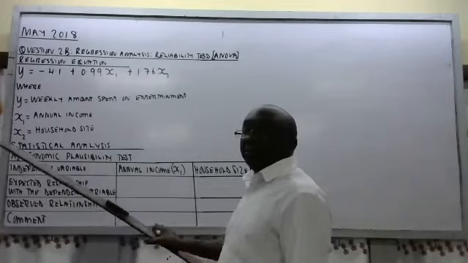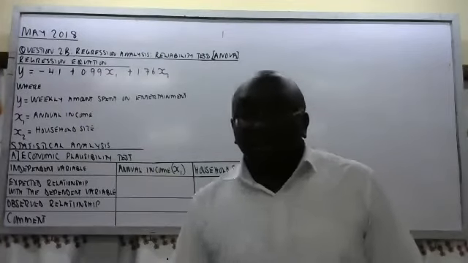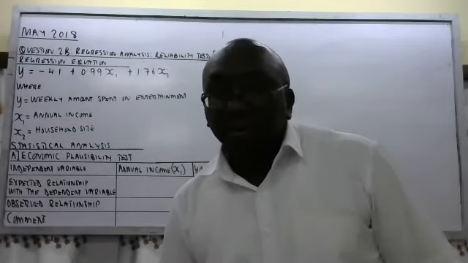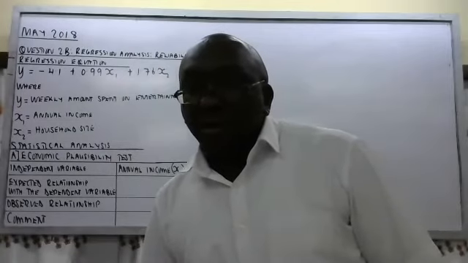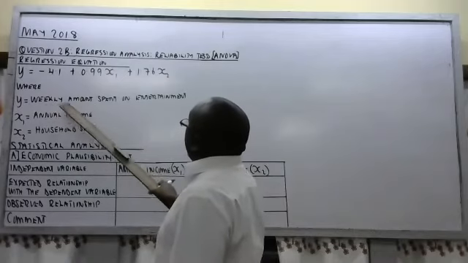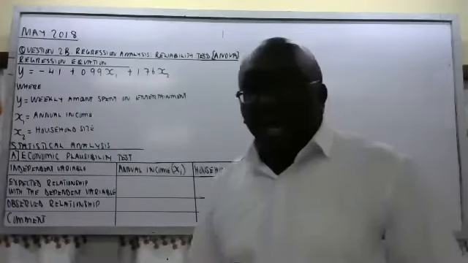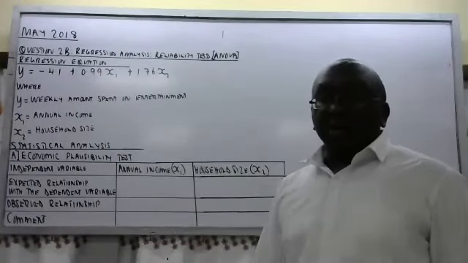Remember, our dependent variable is the amount spent. So what kind of a relationship? Why I have said this is weekly amount spent on entertainment. That is what we are looking at. McKenna?